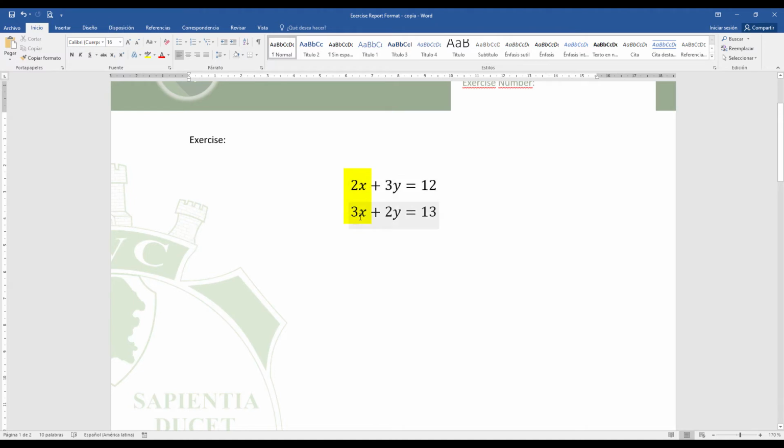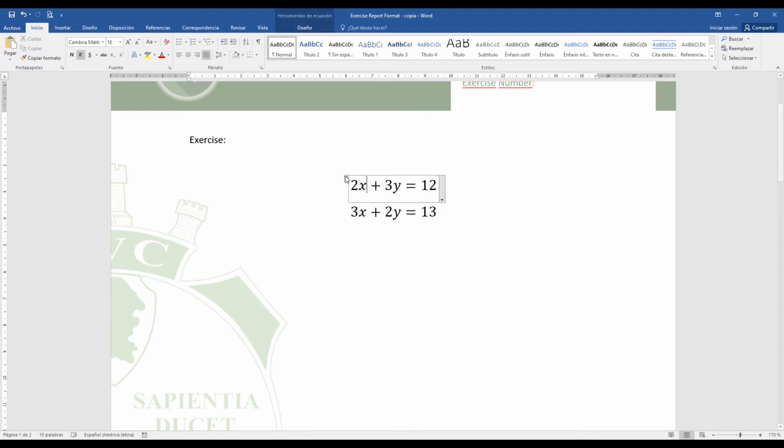So you need to check the coefficients here. If you have two positive coefficients, you need to be careful, because when you multiply the equations one of them needs to be a negative coefficient.